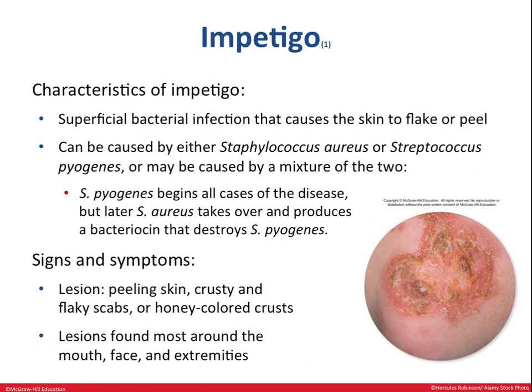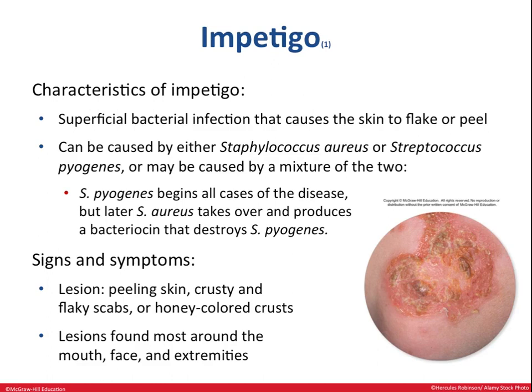Now let's talk about impetigo. Impetigo is caused by Staphylococcus aureus or Streptococcus pyogenes. It can be caused by both of these bacteria.